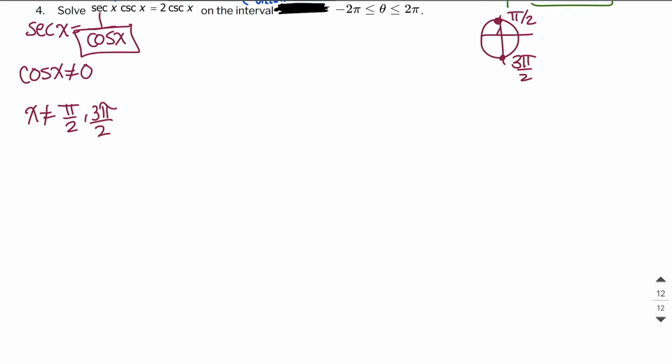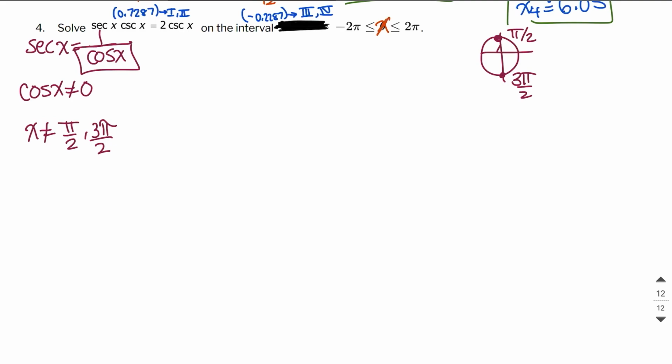However, right here, theta, and I'm sorry, this is a typo. This should say x right here. And also, I wanted you to cross off the one that was here. We originally had 0 to 2 pi. I want to talk about how to deal with this from negative 2 pi to 2 pi.